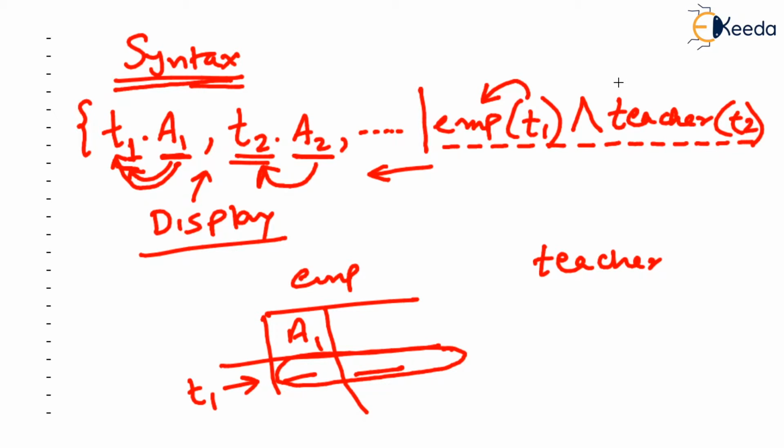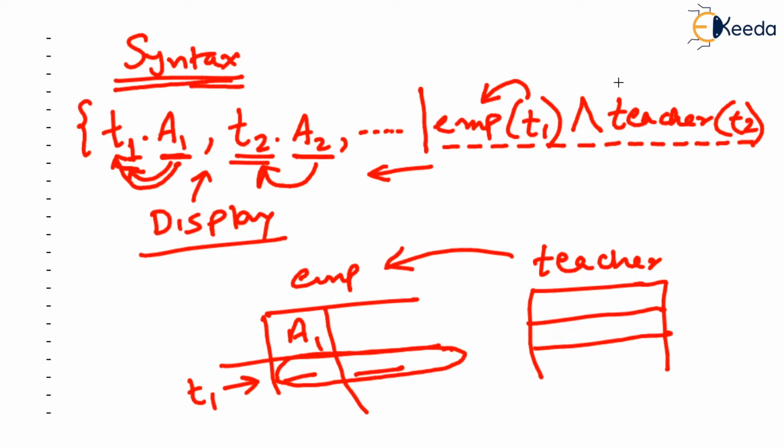Maybe we are having a training given for the employees in our company, and who the teachers are is listed in this teacher relation. Now you can see that the teacher relation has an attribute, a column called A2, and T2 is the variable used for ranging over the teacher tuples.